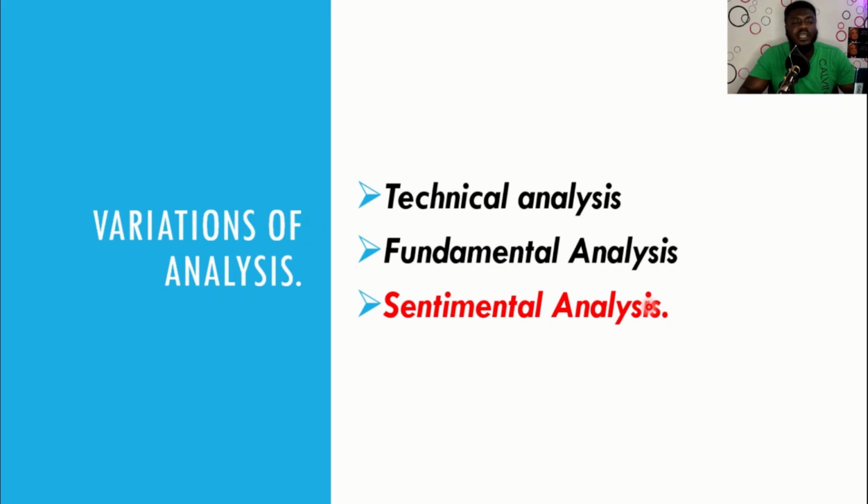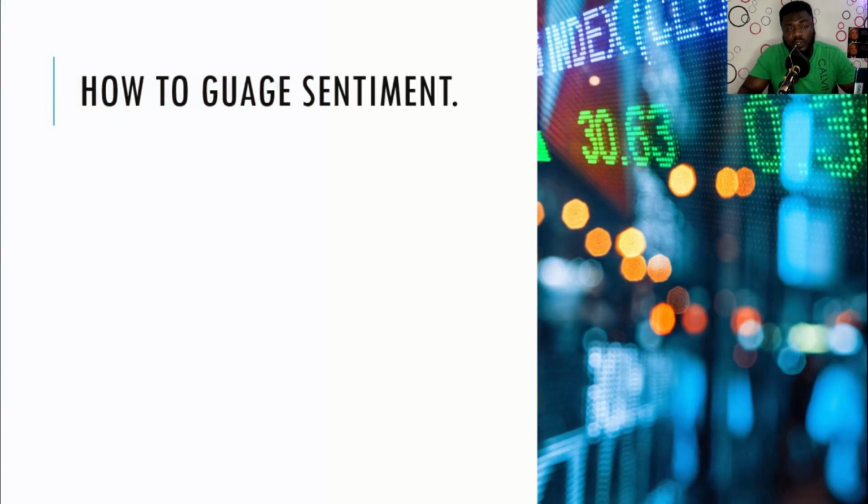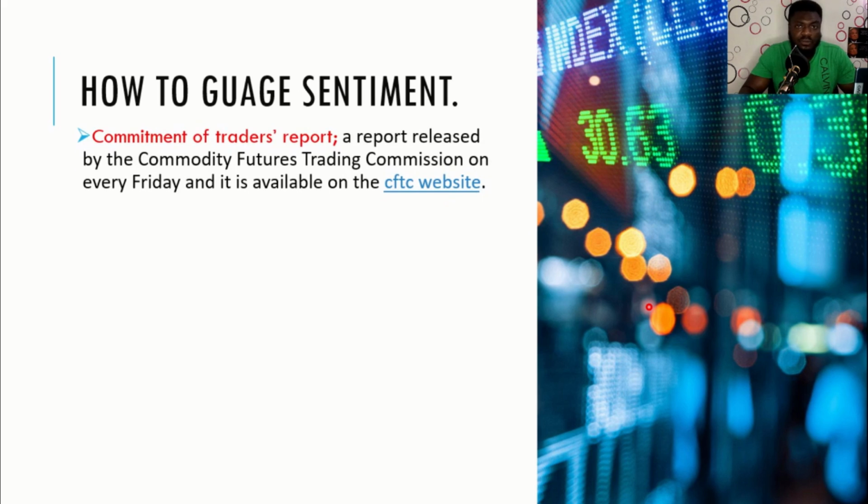Then to what we have for today, which is sentimental analysis. When we talk about sentimental analysis, we are basically asking how do we gauge risk sentiment. There are three ways I explain in this video, but as usual, our focus will be on the risk on, risk off way of gauging sentiment.